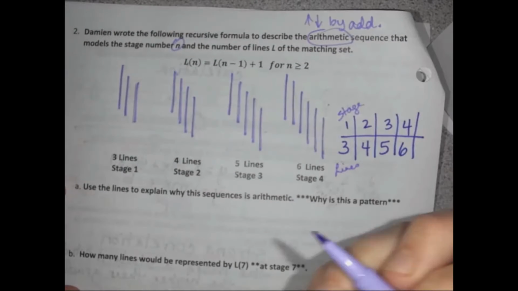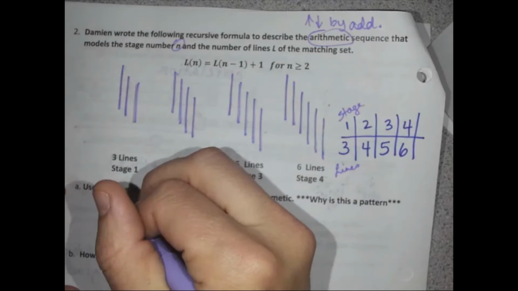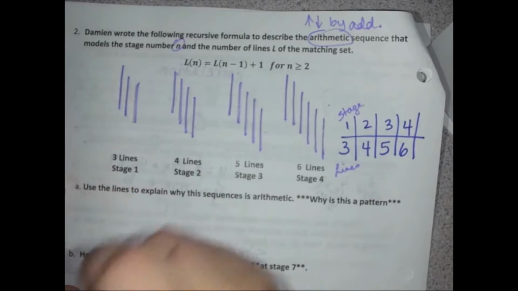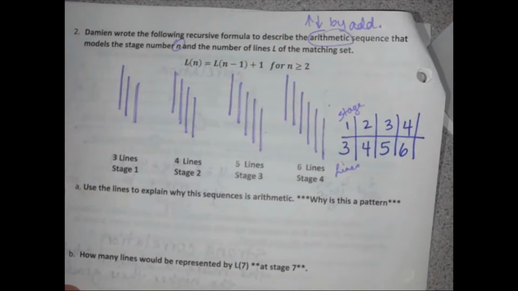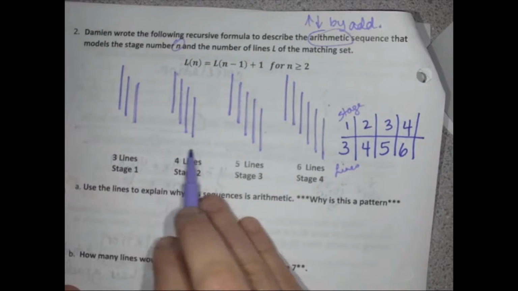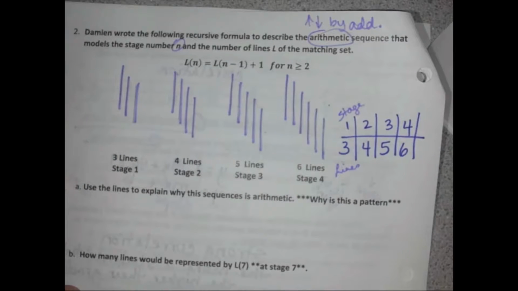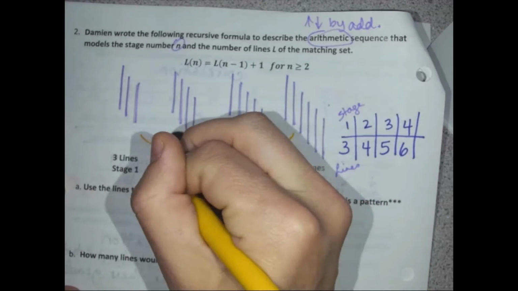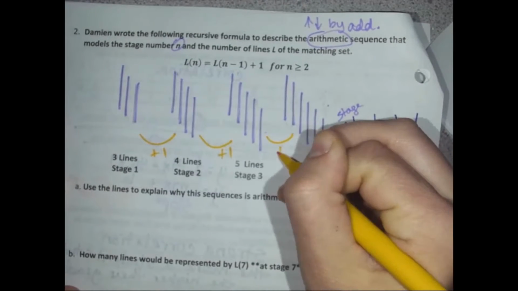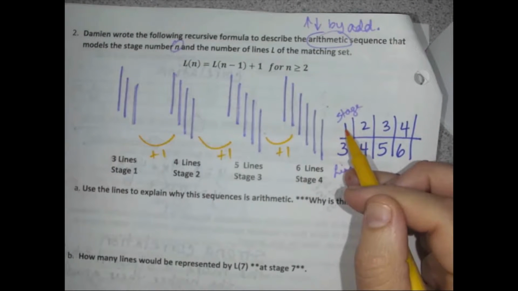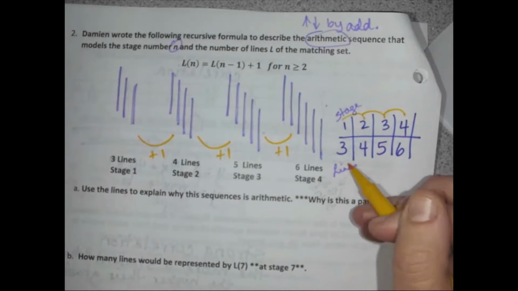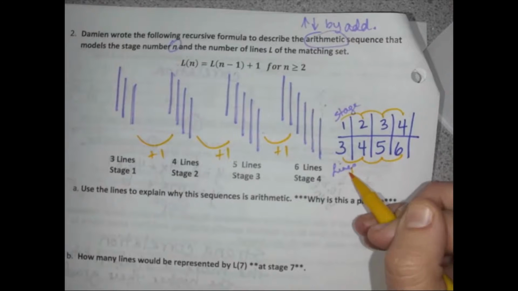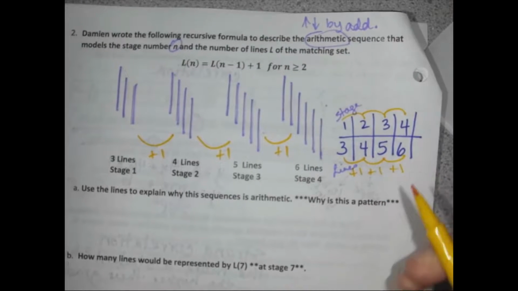Arithmetic implies that a pattern increases or decreases by addition. As I see here, every time I go to another stage, it moves up by 1. Every time I increase a stage, it increases by 1.